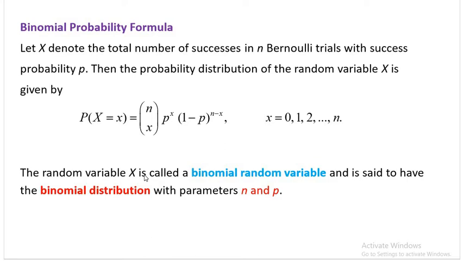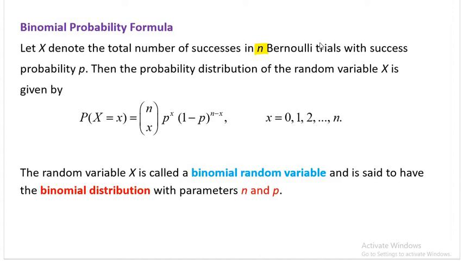Let X denote the number of successes in n Bernoulli trials. So I am interested in n trials, where n can be any finite number. It can be 10, it can be 5, it can be 20. Now every trial has either success or failure, and success or failure can be anything. Let's say in tossing of a coin, I can say head is my success, then tail will be failure, right?